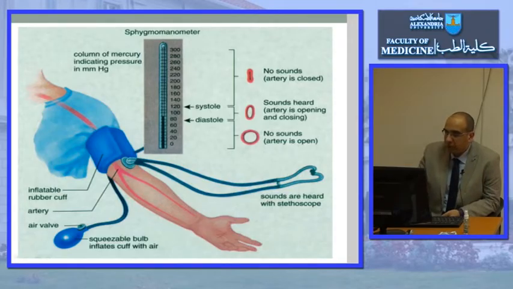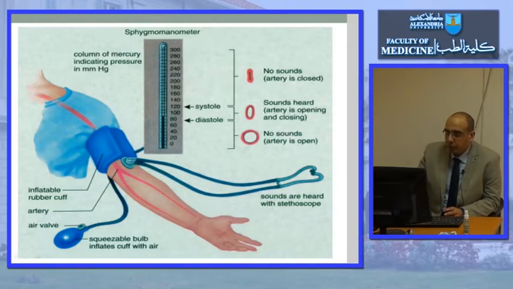So we inflate the cuff to occlude the artery, and there are no sounds at first. Then we relieve the inflation gradually until it is opened. Once it's opened, this is the systolic blood pressure. It is when the sound is heard first, till complete absence of sounds when the artery is completely opened. This is the diastolic blood pressure.